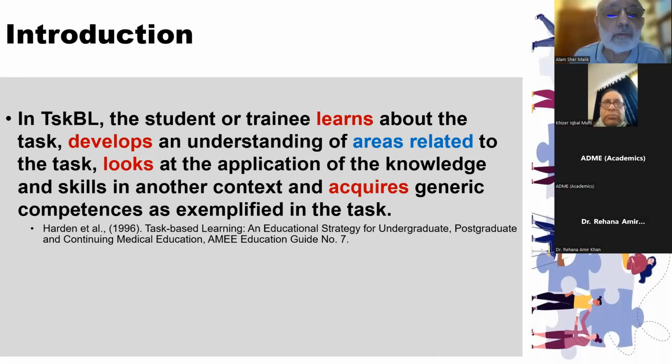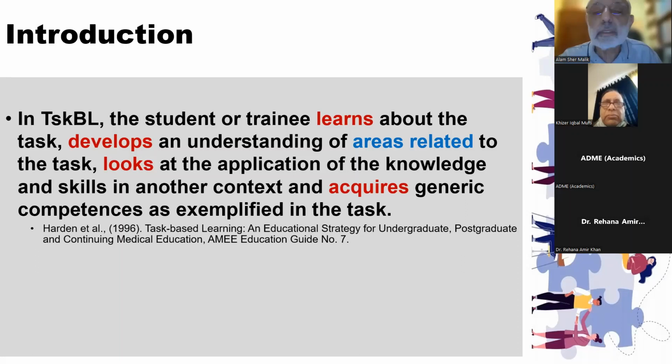And the third point looks at the application of knowledge and skills in another context and acquires generic competencies. So one, learning about the task. Second, understanding of areas related to the task. Third, applying the knowledge in a different situation.